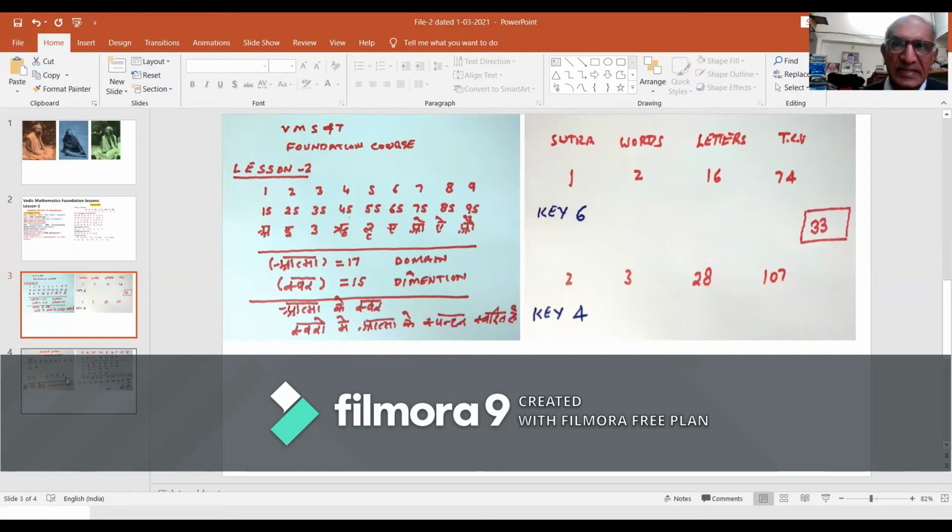Let us have a pause. As in lesson 1, we learned to transit from letters alphabet to numbers alphabet, 9 vowels to 9 numbers, 9 numerals.